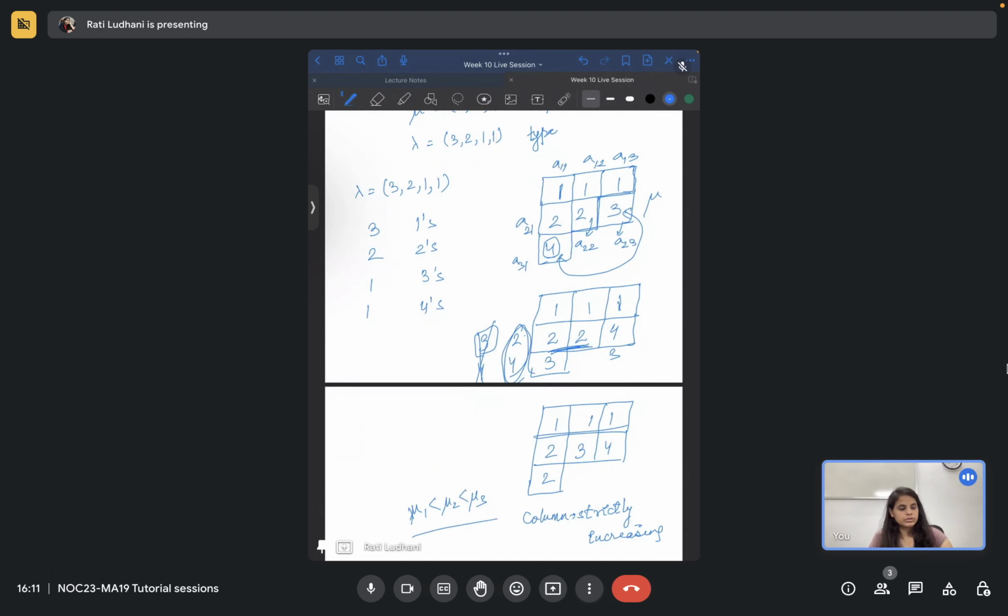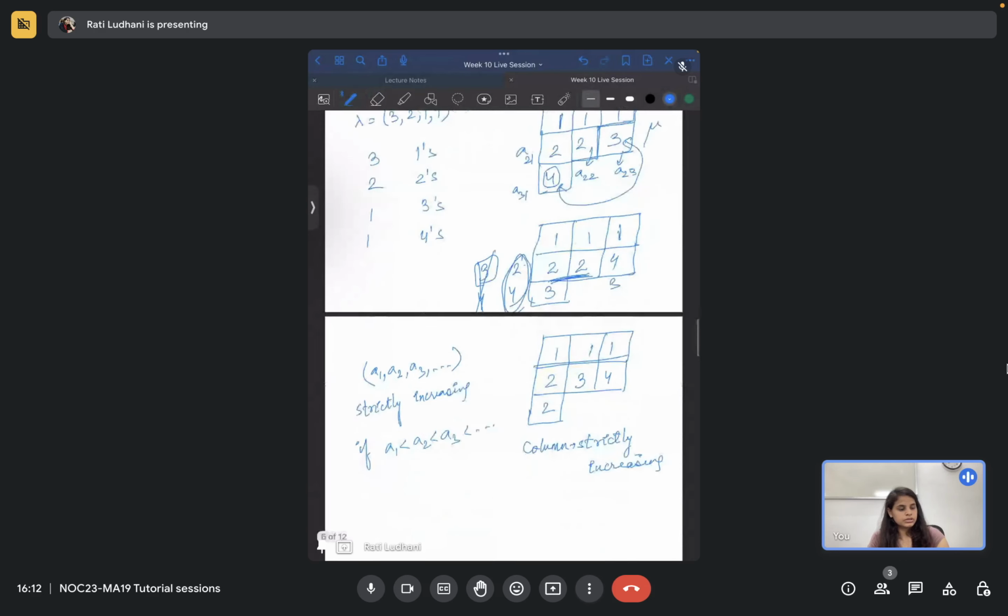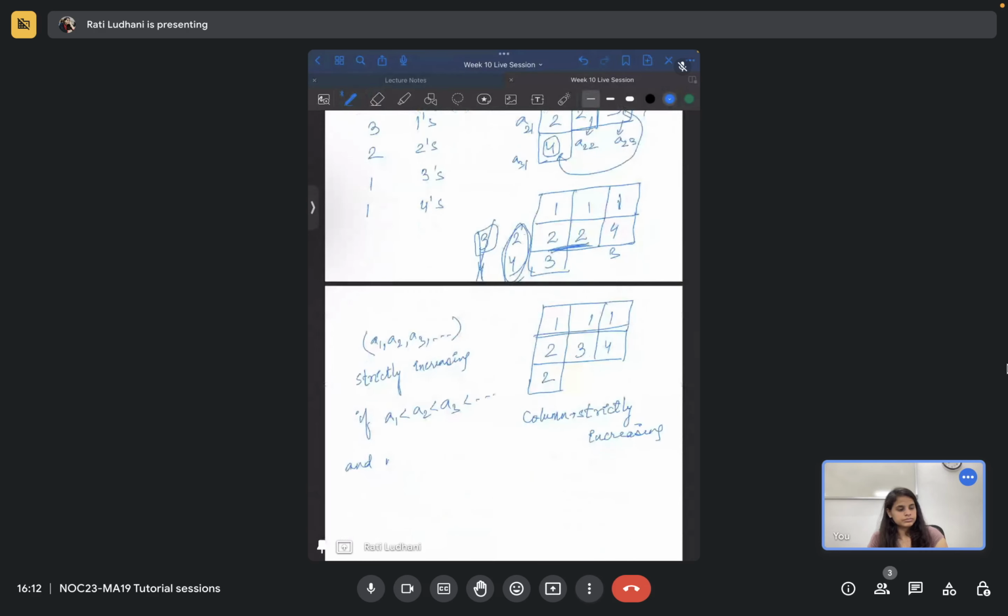So a1, a2, a3, let's say, is strictly increasing just as the definition, if a1 is less than a2 is less than a3, and weakly increasing if a1 is less than or equal to a2 less than or equal to a3.